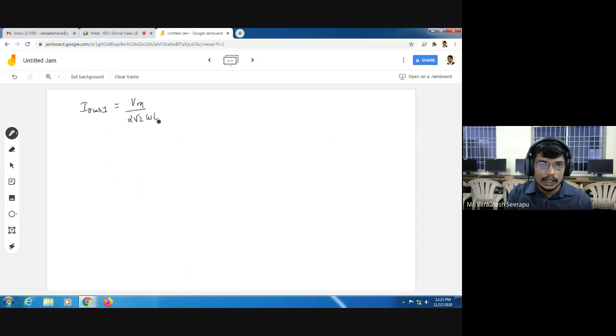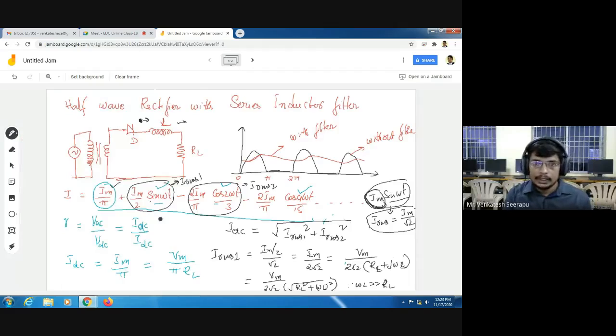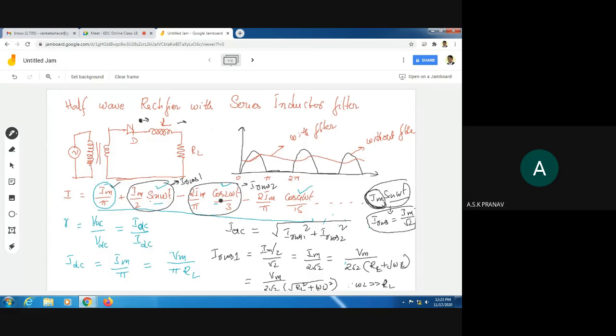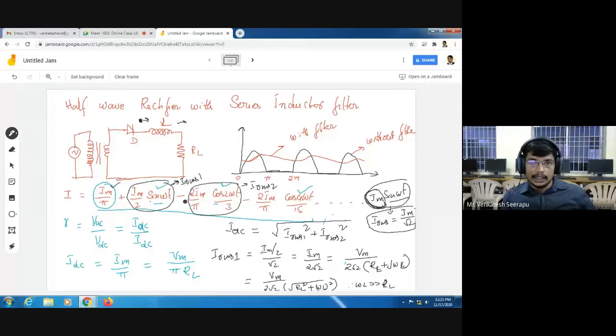It is IRMS 1. Similarly, now I want to find the IRMS 2 value. So in the second AC component, what is the maximum value here? Minus 2Im by 3 pi. Neglect the sign. Yes, exactly.